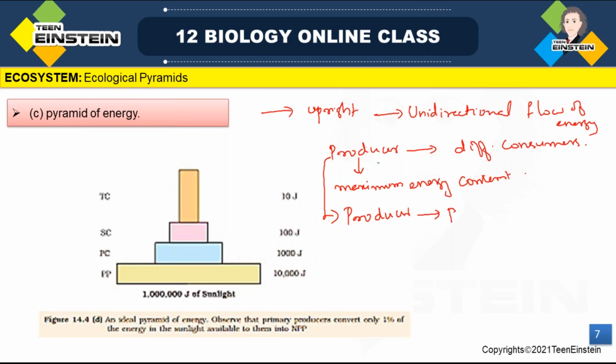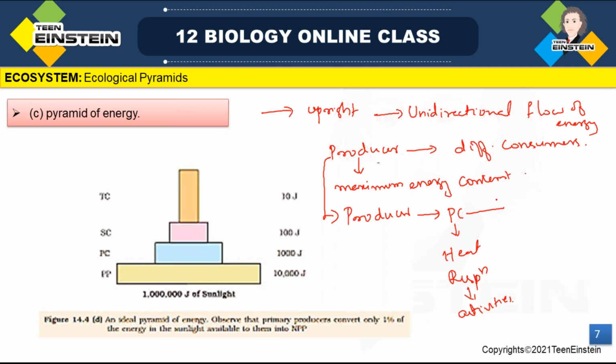When it moves from the producer to the primary consumer, there also energy wastage will come as heat, then for respiration, then for various body activities or cellular activities. In all these ways energy is getting wasted.